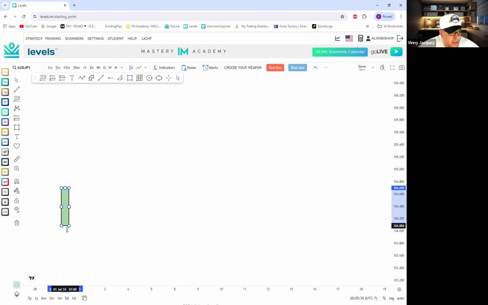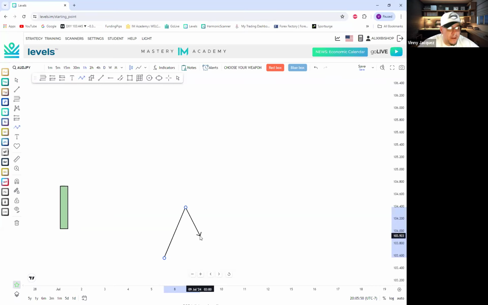Let's go ahead, guys. We'll get started with the continuation move, and then I'll break down the change of character, head and shoulder, and how to react when market conditions change. Right. So, guys, anytime the market is trending and it's going up, don't fight the trend. Do not fight the trend.